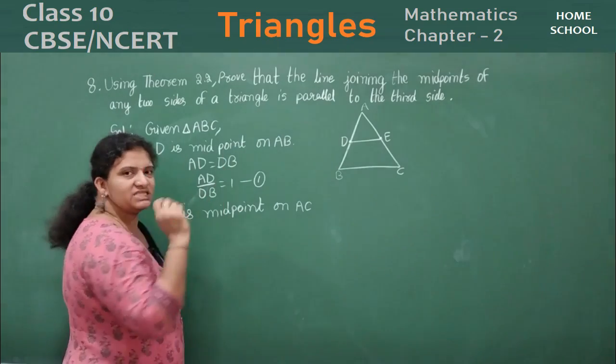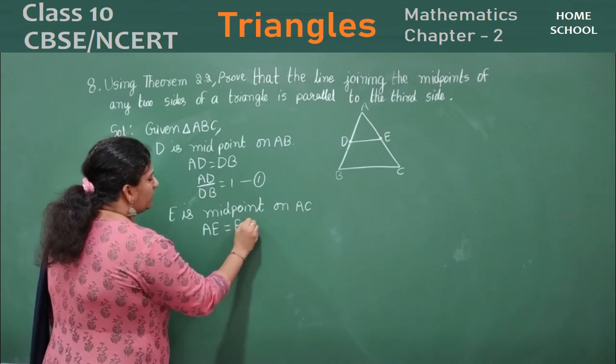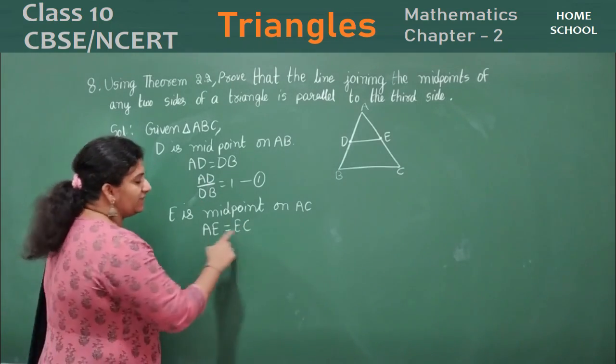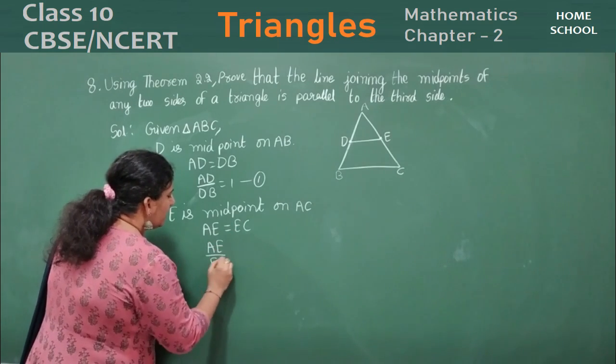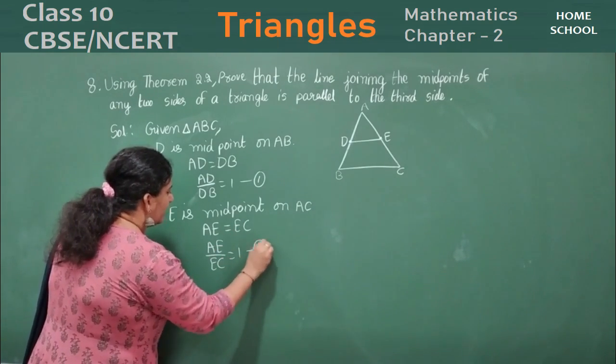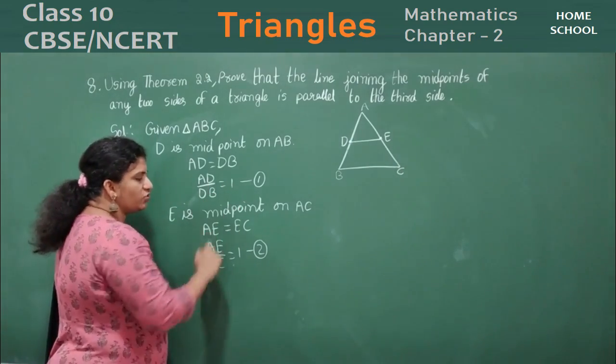AE must be equal to EC. Now send the EC to this side, children. AE by EC is equal to 1. Again, second equation.